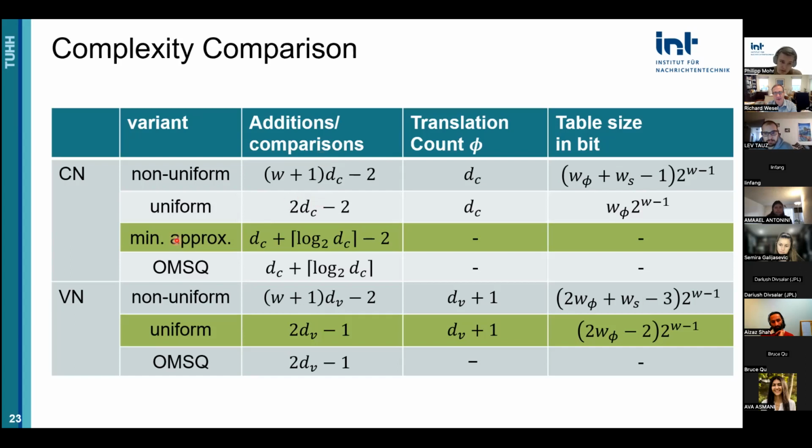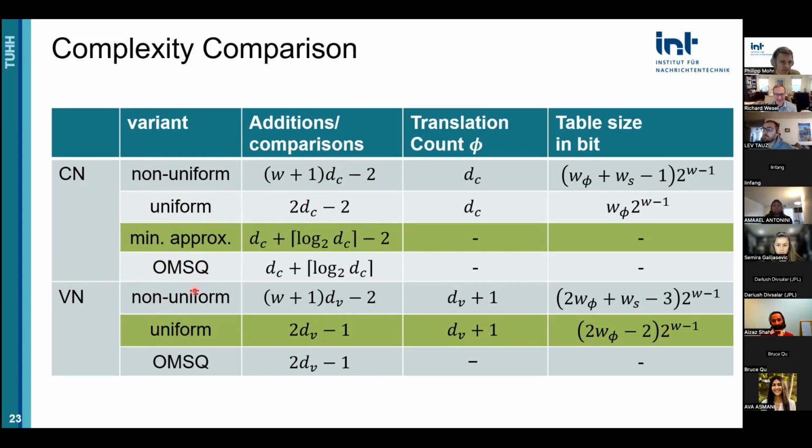Yeah, but you still have a small improvement if you do non-uniform with a min approximation compared to uniform with a min approximation, but it's very small. It may not matter, but I could if I wanted. You could combine any combination of check and variable node mentioned on the slide.